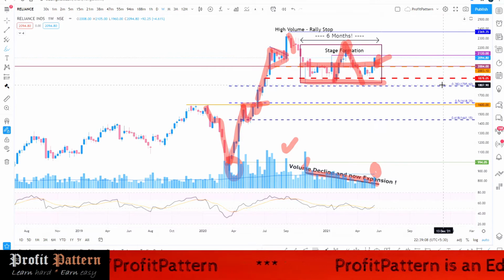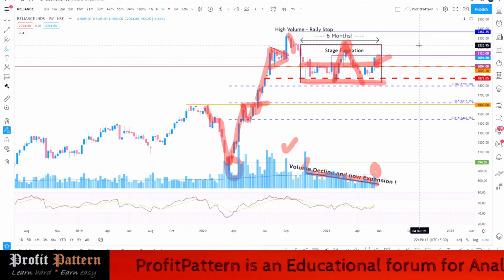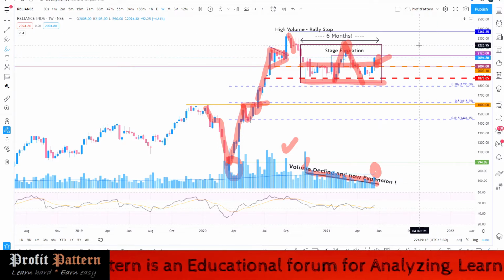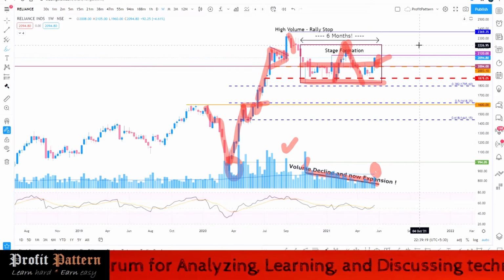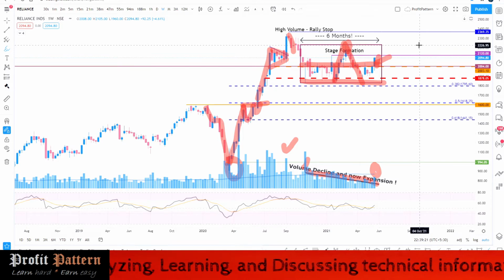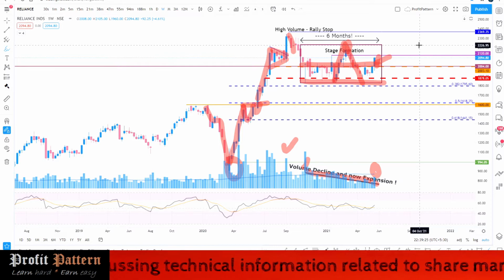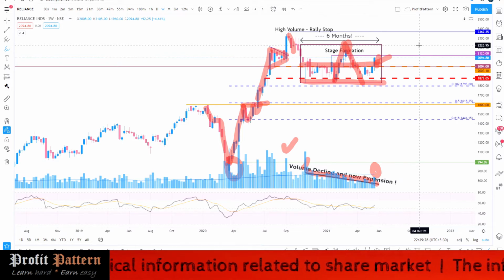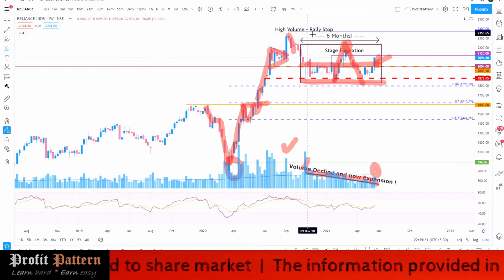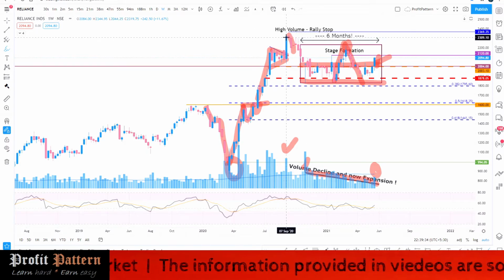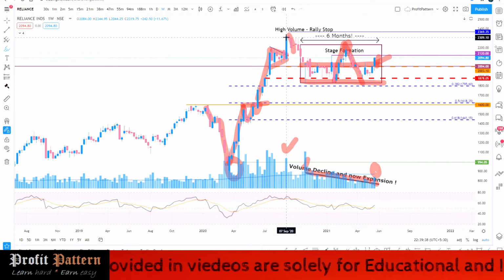So this stage formation is up to, I will say, 2230. That is another level which needs to be taken out, and on that level I will deploy at least 25% capital. Then the remaining capital I will add on the longer-term high the stock formed in September 2020.